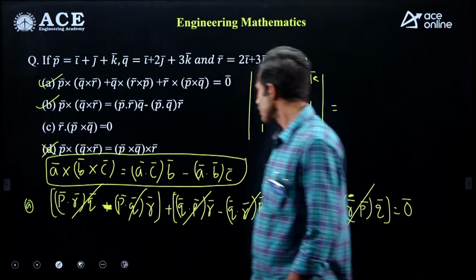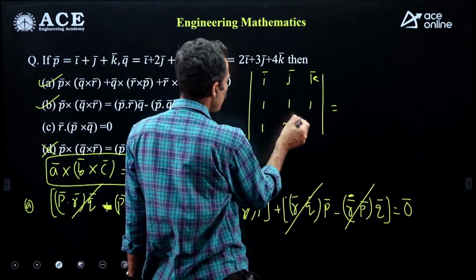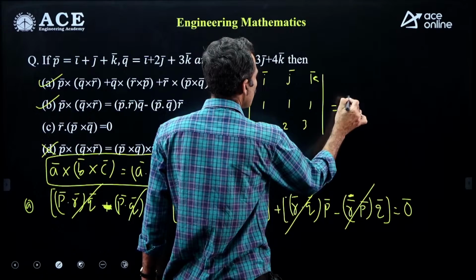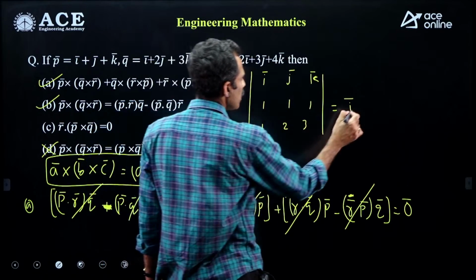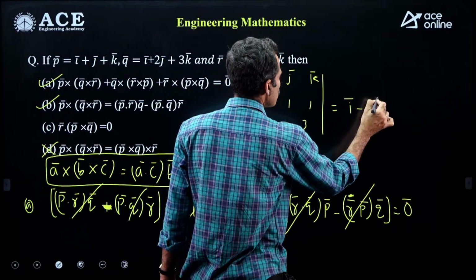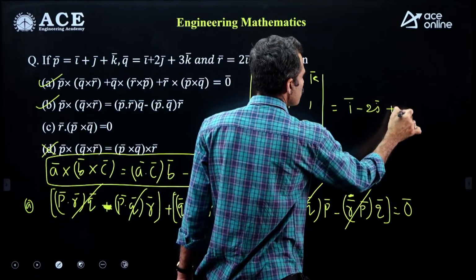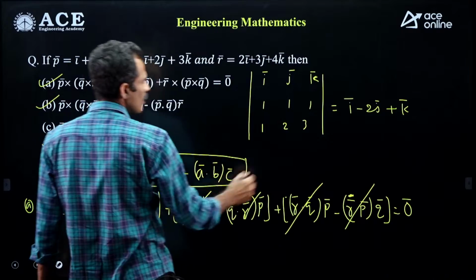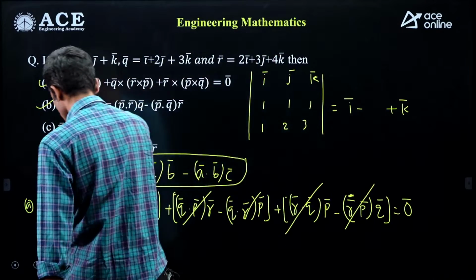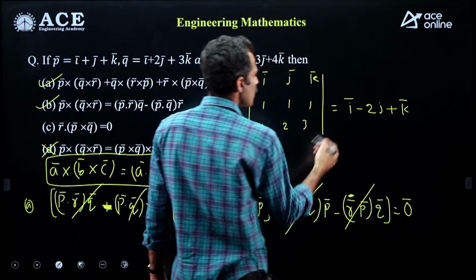This is equal to, now the cross product of two vectors is given by I bar into 3 minus 2, that is just I bar, J bar into 3 minus 1, minus 2 J bar. Next K bar into 2 minus 1, plus K bar. So it is a vector.